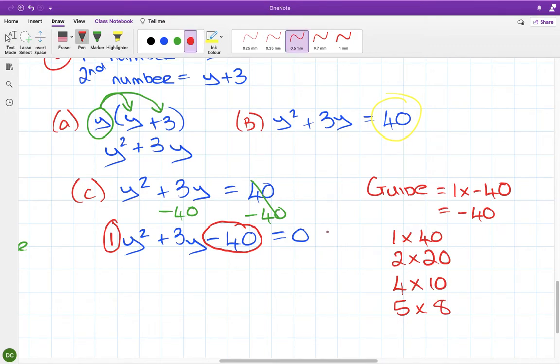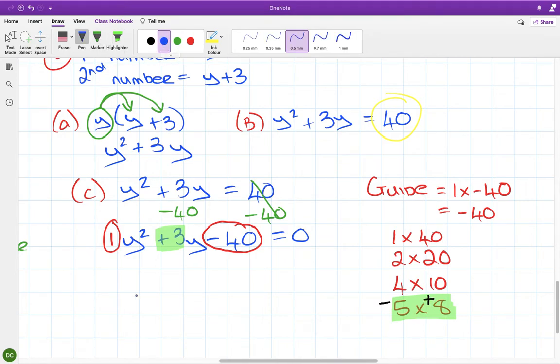So we're done. Then we're trying to find which one gives us plus 3. This one does, a 5 and an 8, you'll be able to get a 3 out of it. So we need plus 3, which means we need the 5 to be minus and the 8 to be plus.